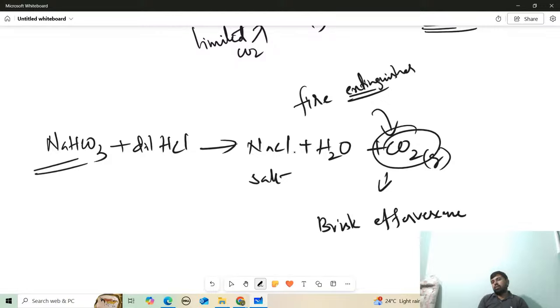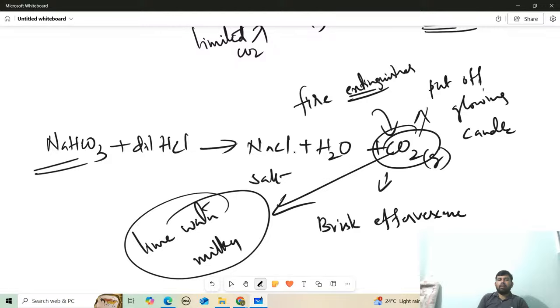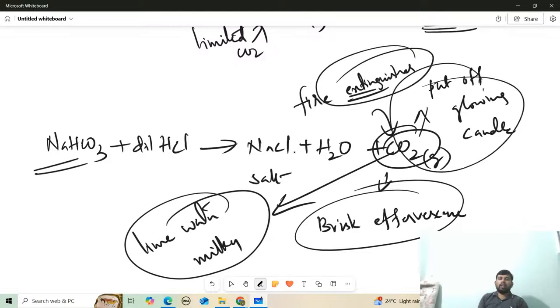It can put off the fire, put off a glowing candle. So the gas which turns lime water milky, brisk effervescence, fire extinguisher, which can put out the glowing candle. These are all talking about CO2 gas, remember.